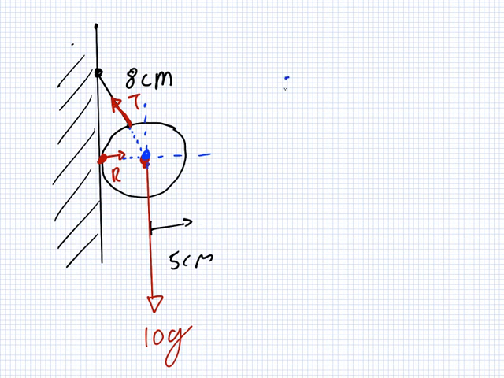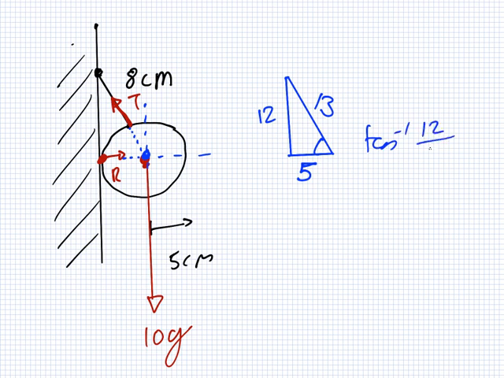So let me just draw that triangle. How big is the base? 5. And how big is this side? 8 plus 5, which is 13. So Pythagoras tells us this is 12. And our calculator tells us the angle is not 45 here.